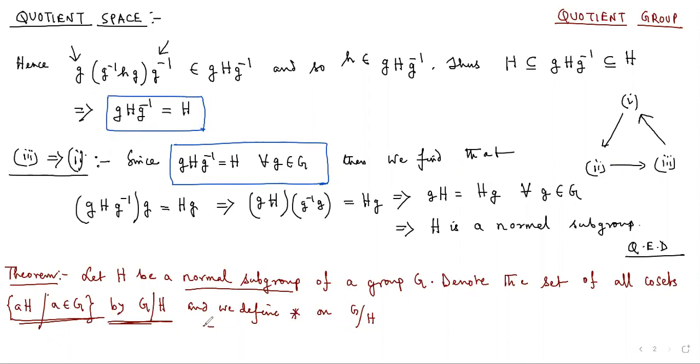So that algebraic operation is defined to be star, and it is defined as follows: for all AH, BH belonging to this set G slash H, AH star BH is equal to ABH.